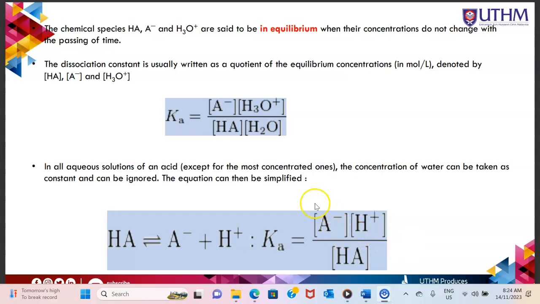And then the equation can be simplified by these equations. The acid in its neutral form undergoes a reversible reaction to give the conjugate base plus hydrogen ions, and hence we have the constant of this equation.